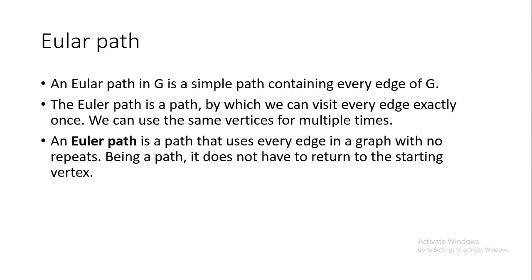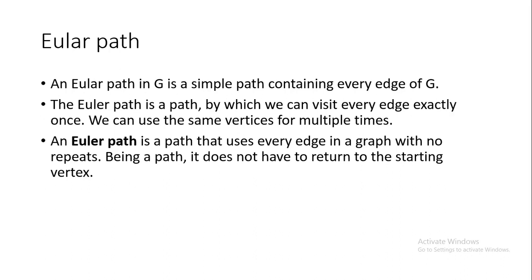The Euler path is a path by which we can visit every edge exactly once. To make a path an Euler path, you have to visit every edge exactly once. No repetitions are allowed. So you can use the same vertices multiple times, but each edge exactly once only.